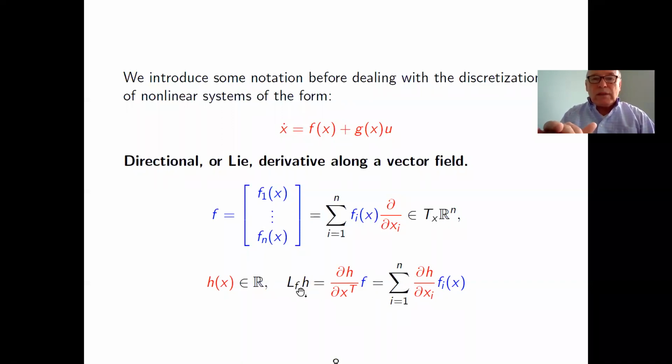So L_f h is the directional derivative of h in the direction of f. That is the gradient of h times f.